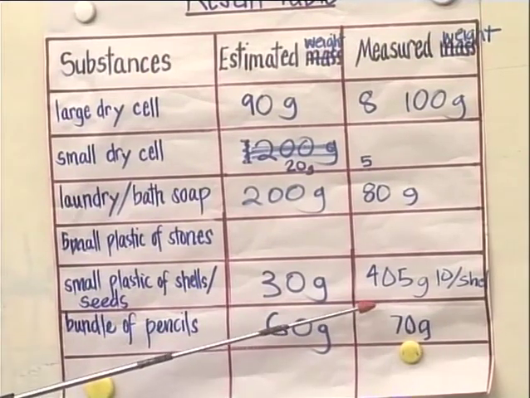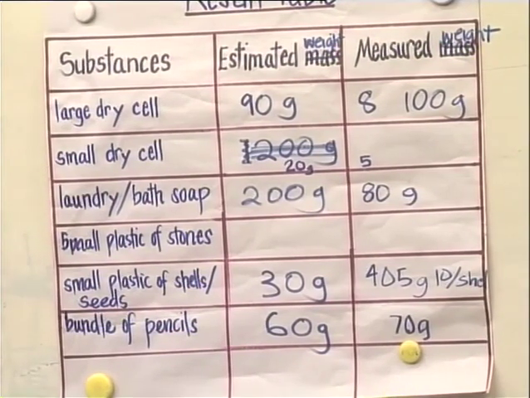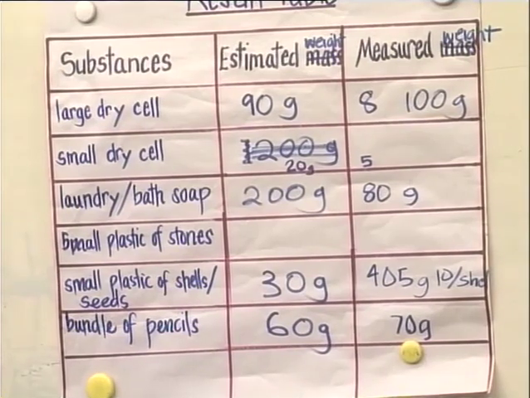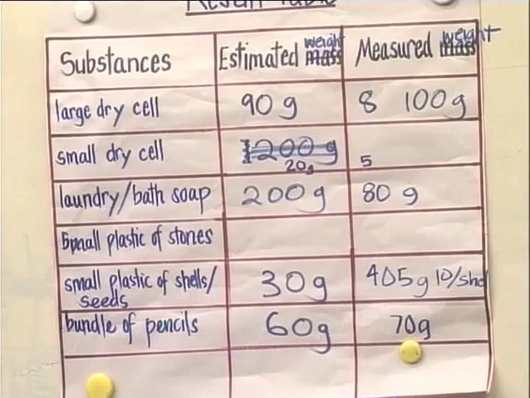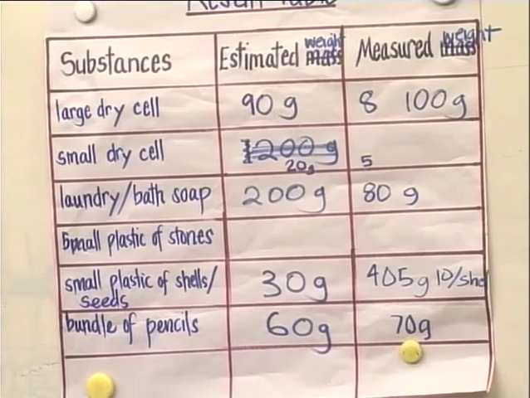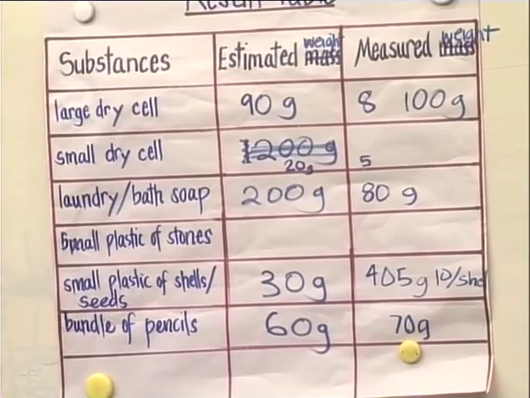Their exact weight was 405 grams for only 10 shells that they put together to weigh. And the last one, class, do you agree 70 grams for the bundle of pencils? All right. It should have been 30 or 20, all right?